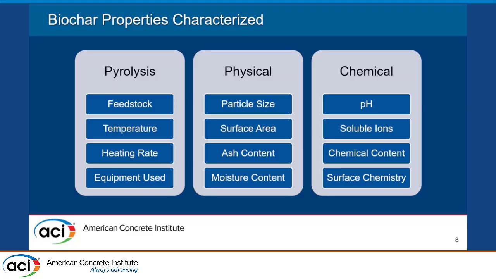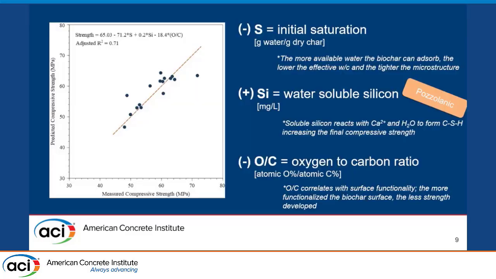We also looked at the chemical composition, the surface chemistry, and we were able to create a multivariate model that predicted the compressive strength that we were seeing for a 10% cement replacement using our 16 different chars. The three key characteristics that we found was the initial saturation content, just the ratio of how wet the biochar was when we added it to how much water it can take up total.